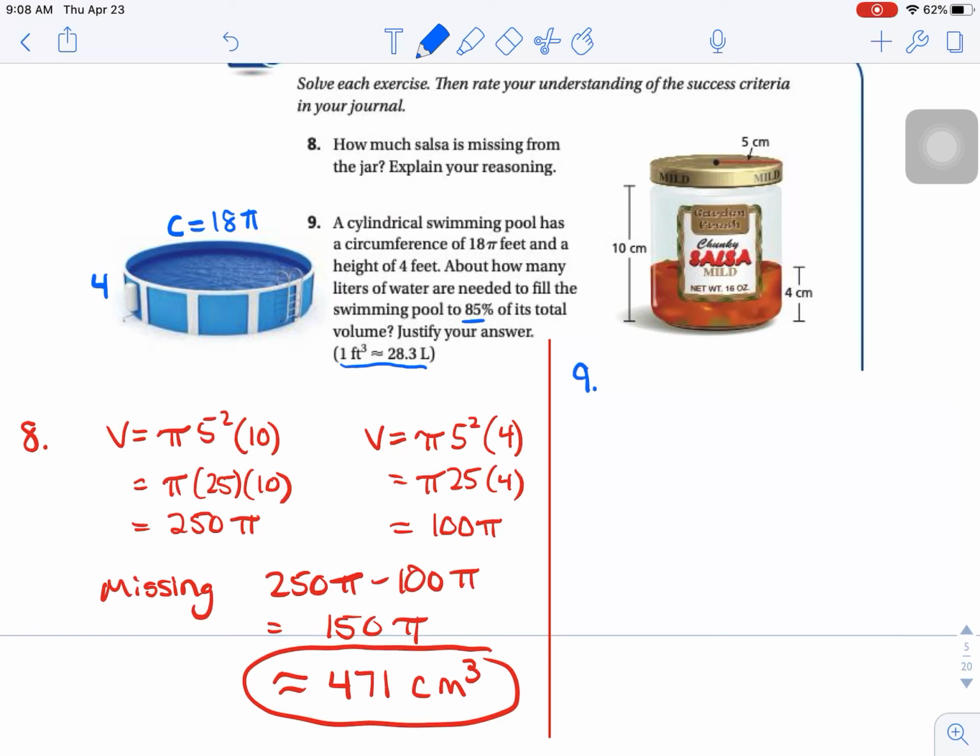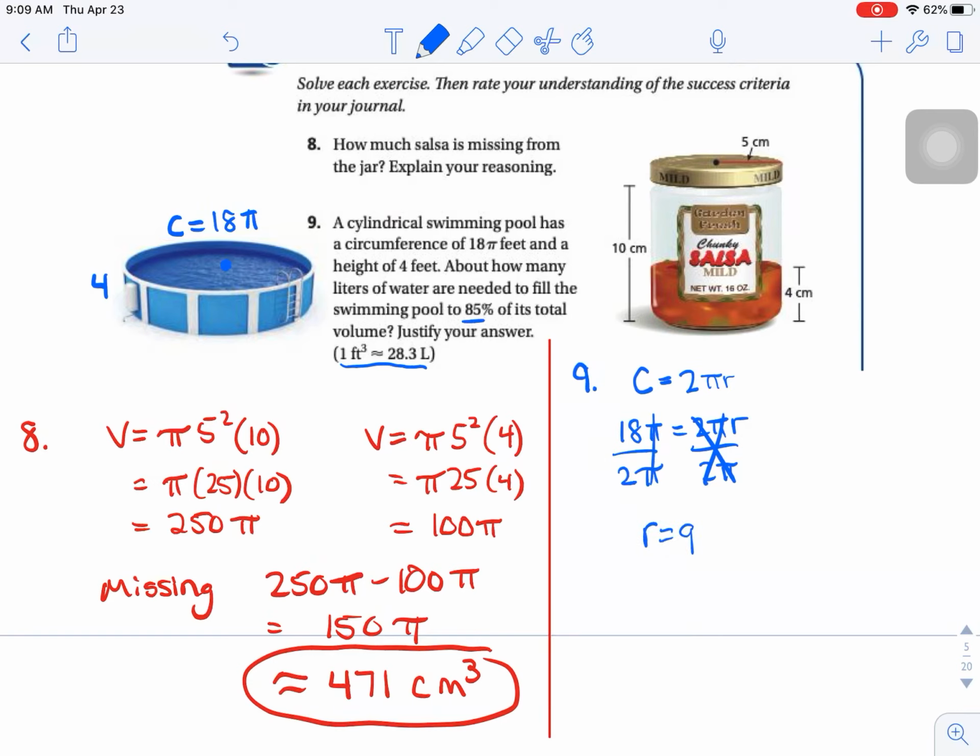All right, so let's start. First I know that my circumference is equal to 2 pi r, and so 18 pi equals 2 pi r, so I could divide by 2 pi, which tells me that the radius is 9.